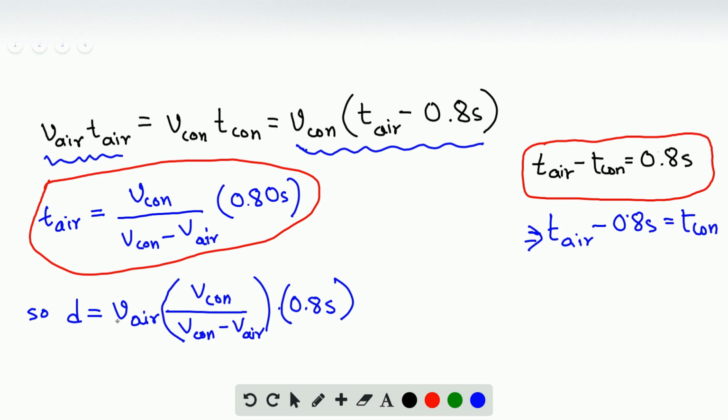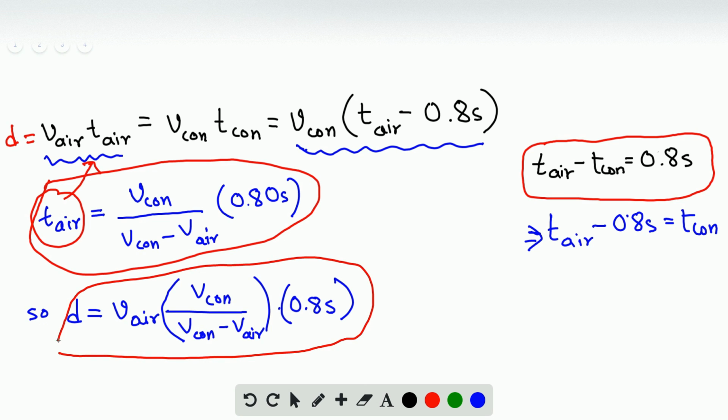Since we know this is equal to d, the distance traveled, we can replace this part over here and we get an expression like this, right?